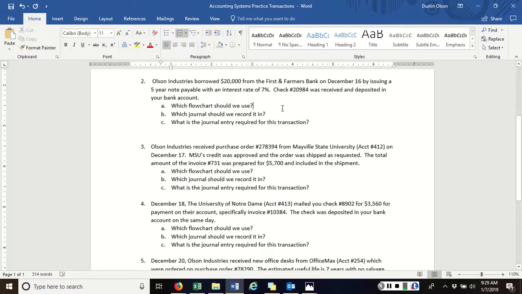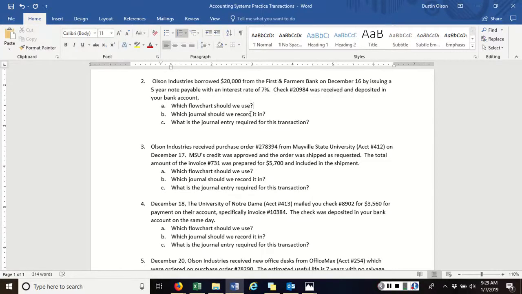So once again, our first step is to decide which flowchart do we use? Well, once again, we've got to go back to what is happening here. So it looks like we're taking out a note. So we've got a loan, a notes payable, and we're getting $20,000 cash for that.